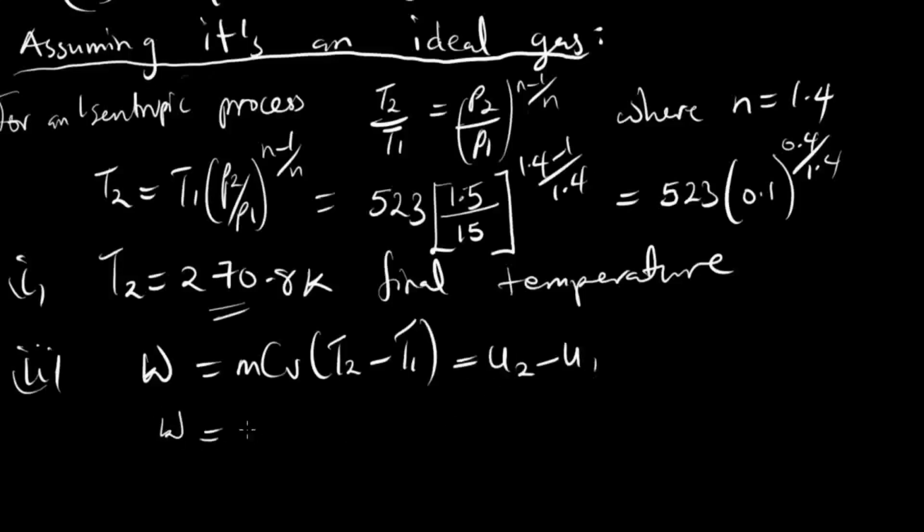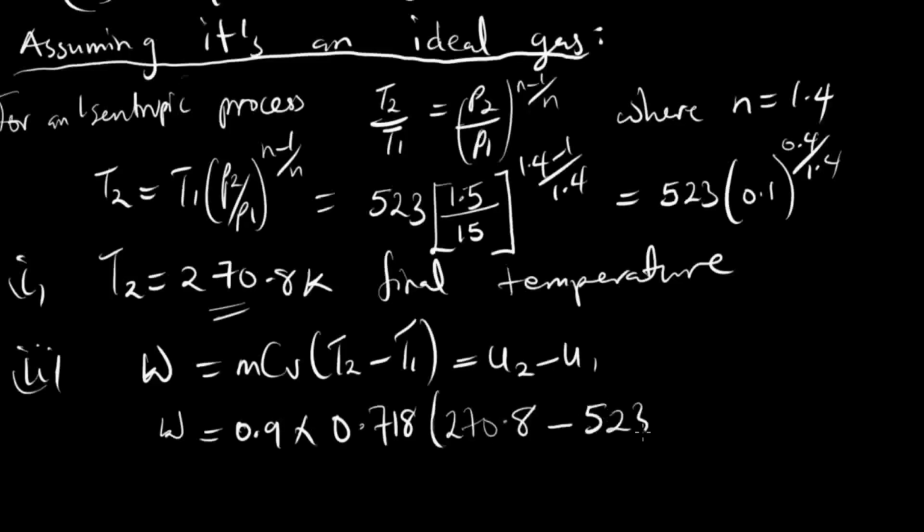So W is m, what was our mass, 0.9, times Cv, which you already know, times T2, which was 270.8, minus 523.